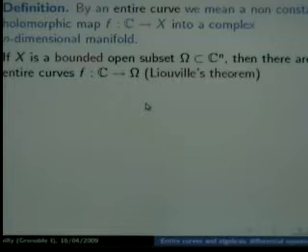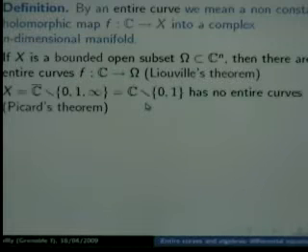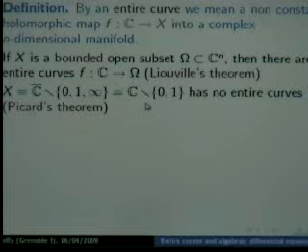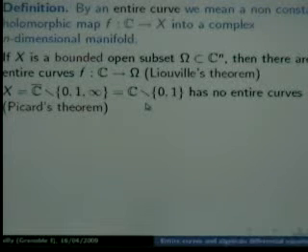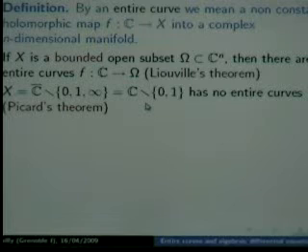So if you take an open subset in Cn, which is assumed to be bounded, then you can apply Liouville's theorem, and you conclude that there are no such curves because bounded holomorphic maps are constant on the complex line. If you take the Riemann sphere minus the points 0, 1, and infinity, which is the same as C minus 0, 1, then you have no entire curve either because of Picard's theorem.